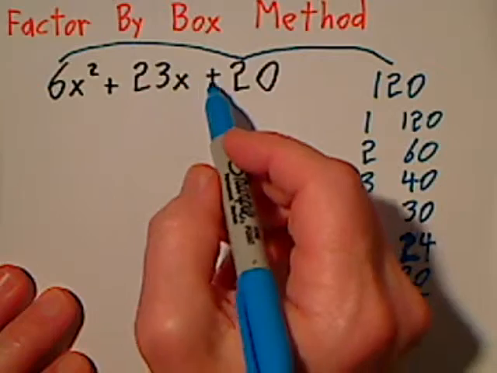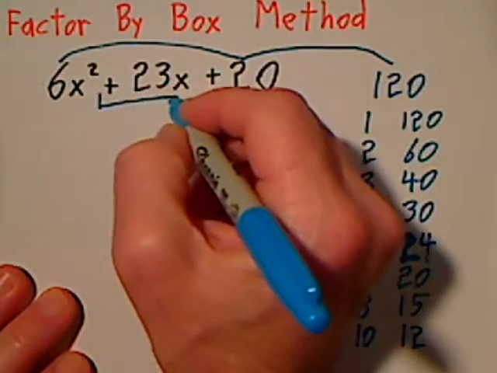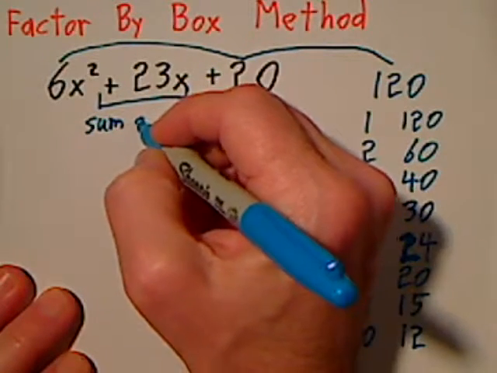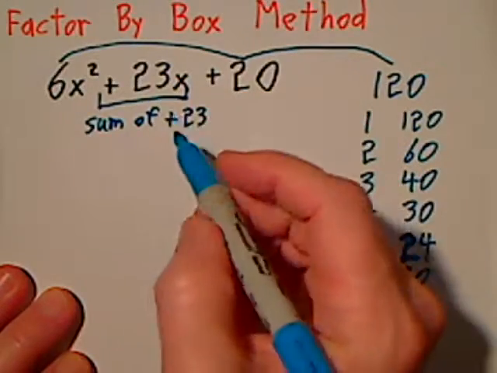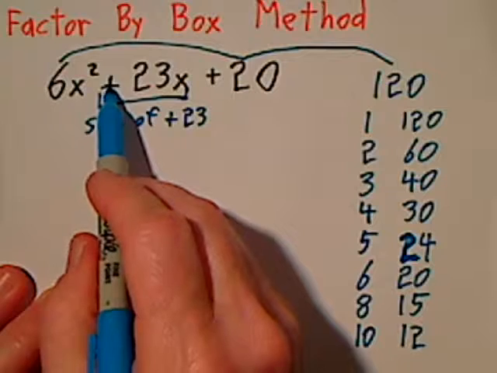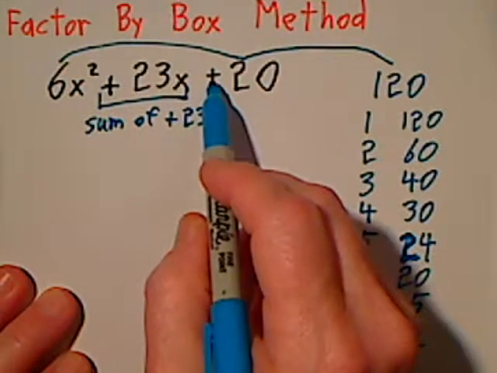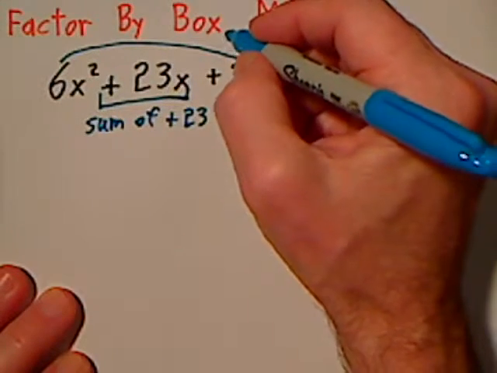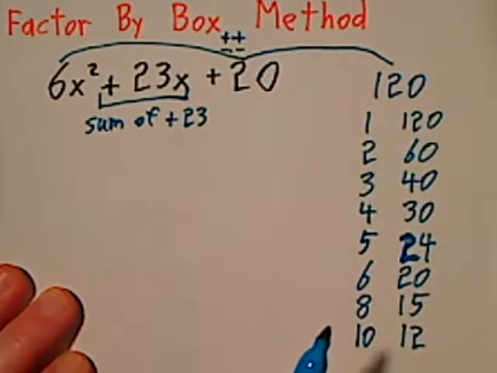We're looking for, since that's positive, a sum of positive 23. We want a sum because the only way to get a positive here would be positive times positive or negative times negative.